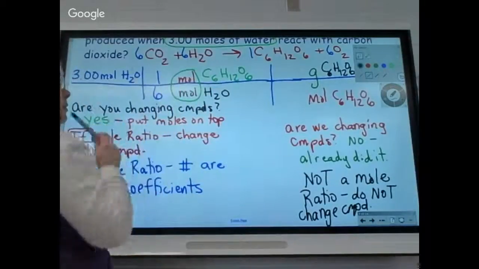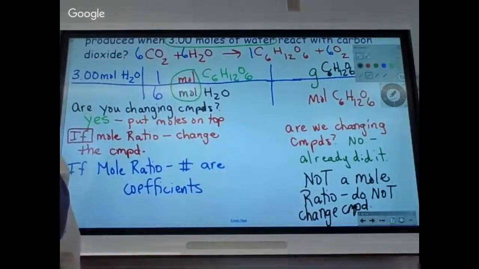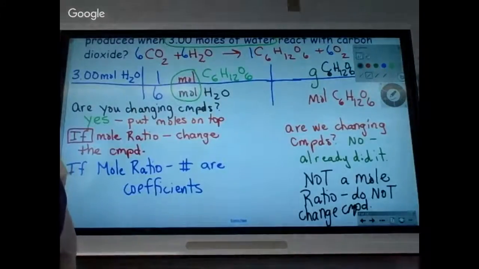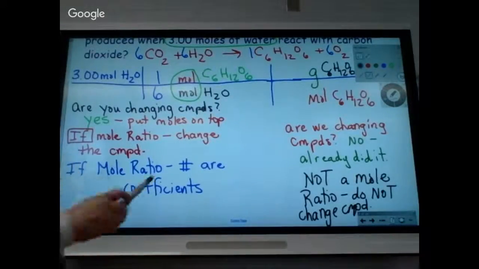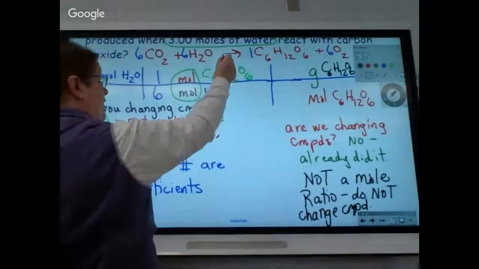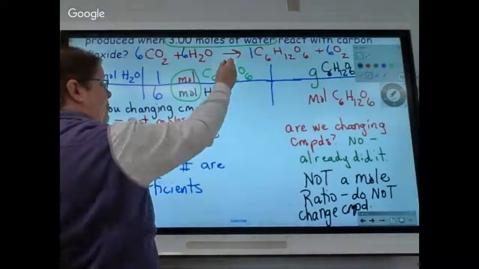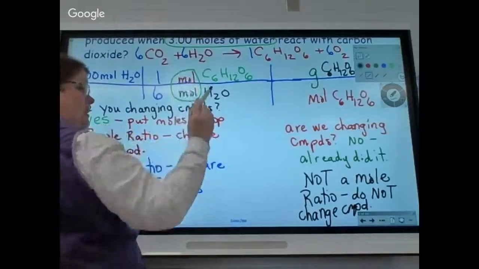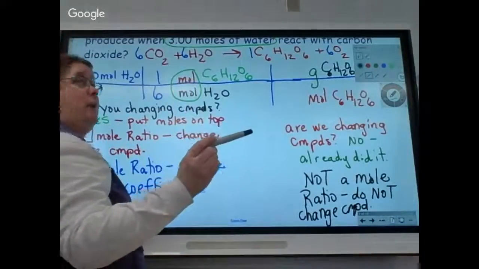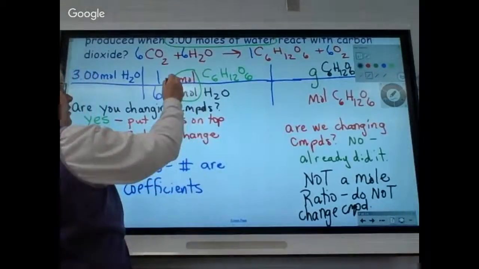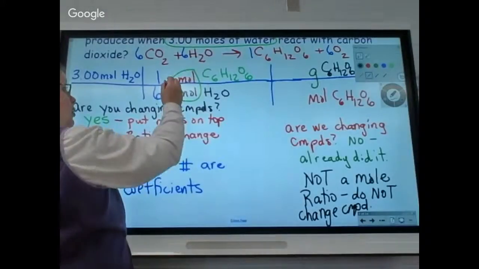In the mole ratio. Okay, so those of you who are still writing, catch up, and then I want you to look at the chart. Where's the only place that I changed my compounds top and bottom? It doesn't even matter that it's the middle, because it's not always going to be the middle. I changed it where it says moles to moles.